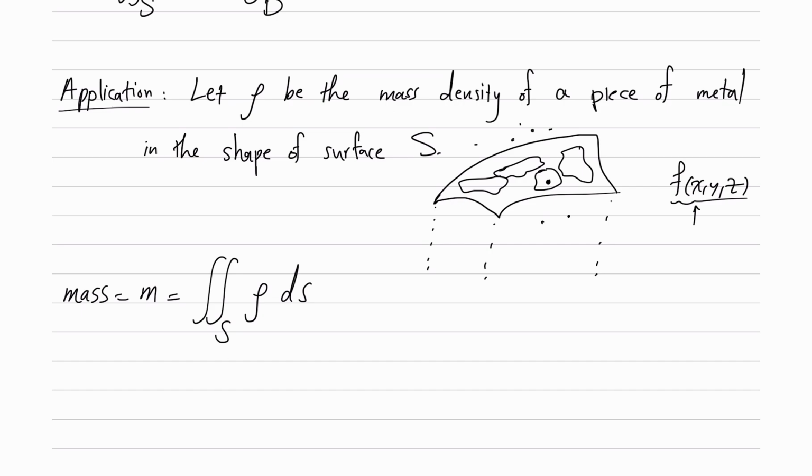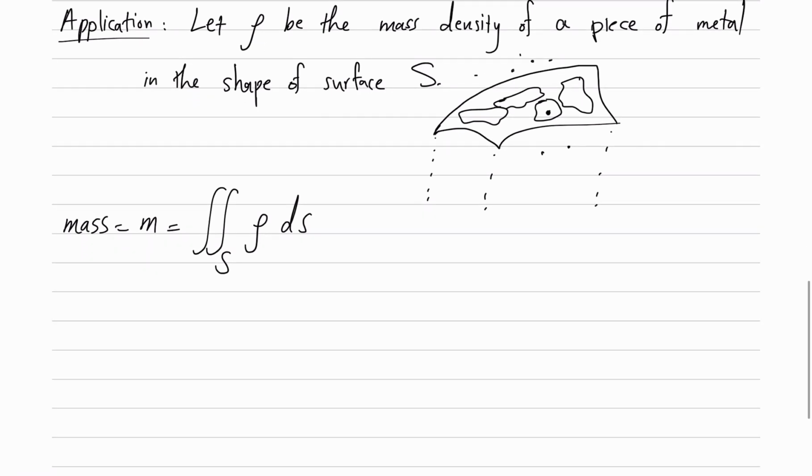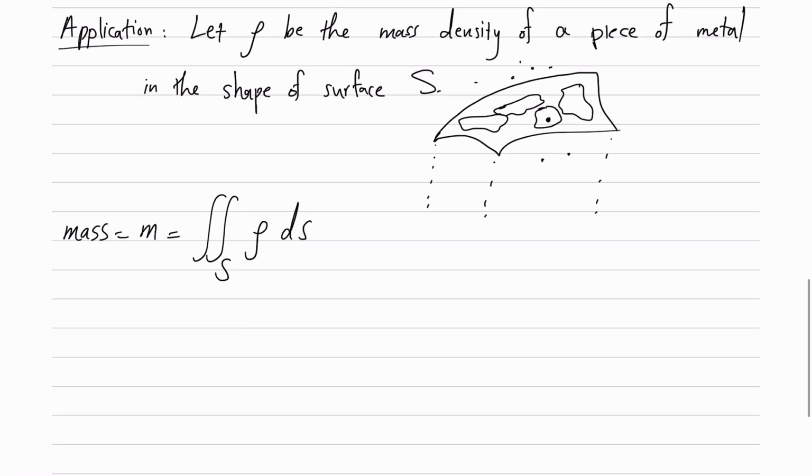If you directly have a description in the parameterization, you can just go ahead and write F of U, V. So to keep this confusion out of the way, I just don't plug in anything at all. And once you parameterize, you know what to plug in. Then the functions will have formulas. So integrating rho against the surface area element will give us the mass.